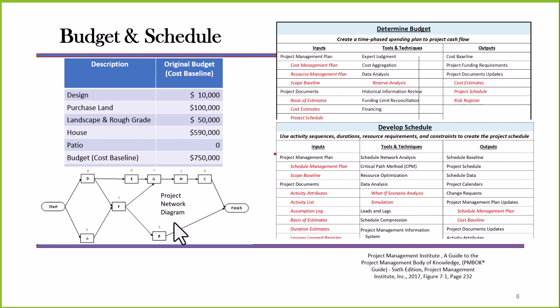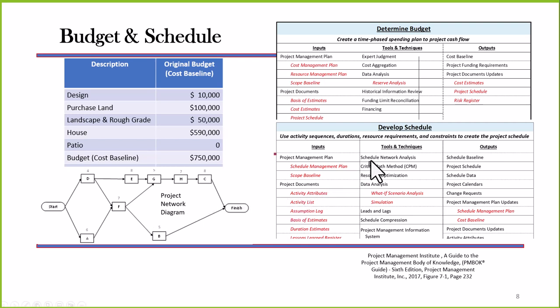So what's my schedule and my budget going to look like? Well, you can see at the top there that as an output of determine budget, we have the budget baseline. This baseline is what's placed under control, and the baseline is going to be evaluated for earned value, and we'll get into that in just a moment. Then we have the project network diagram. The project network diagram is also part of our schedule baseline, and it's an output of sequence activities.